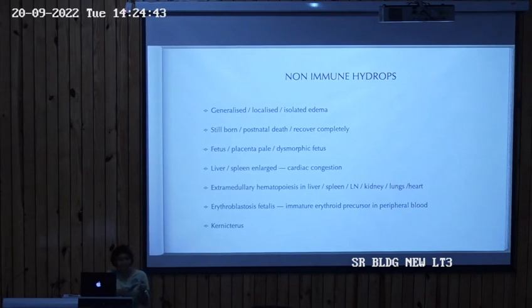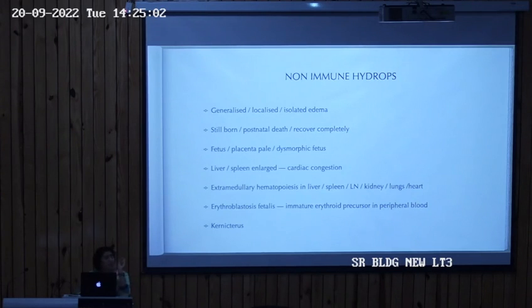Now non-immune is again related to stillborn baby, or premature delivery. These are the most common things, and if the baby is born and you're treating the person, the baby can recover completely. But if it is intrauterine death, we cannot do anything about it.